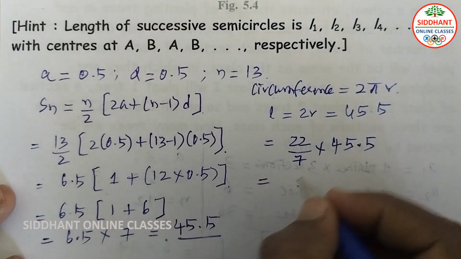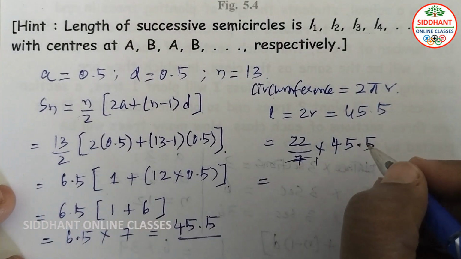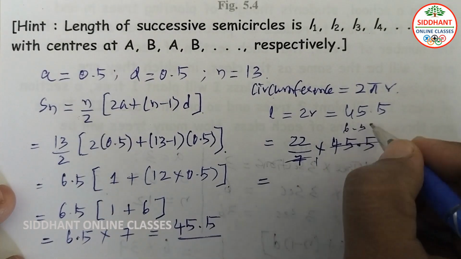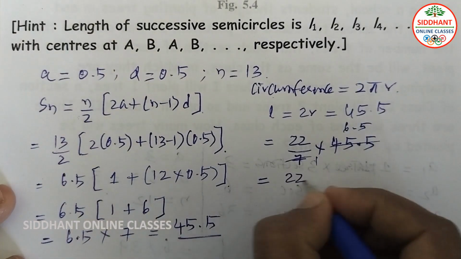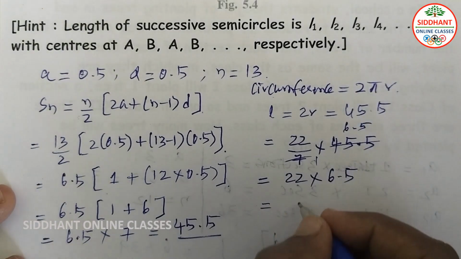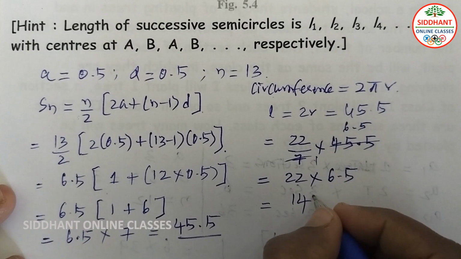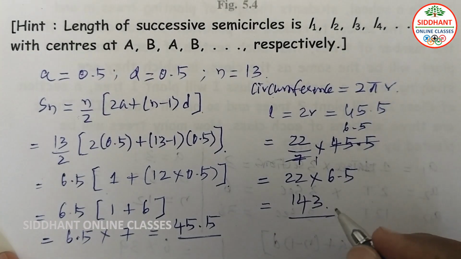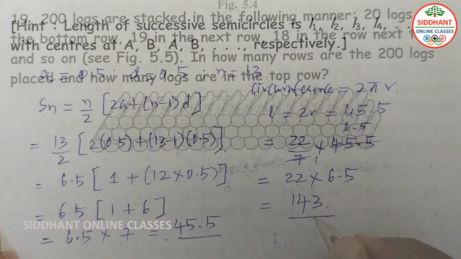So now here 7 into 6.5. So 22 into 6.5 here, so that equals 143 here. So this is the total.